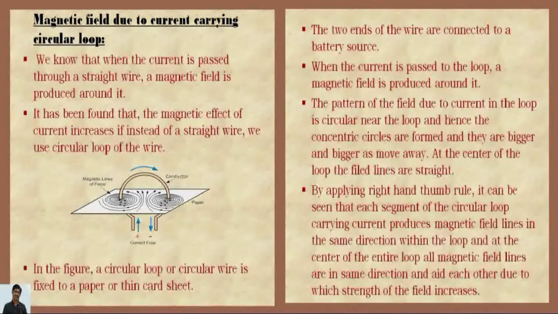It has been found that the magnetic effect of current increases if, instead of a straight wire, we use a circular loop of wire. By making the loop of the wire, you can increase the magnetic field.